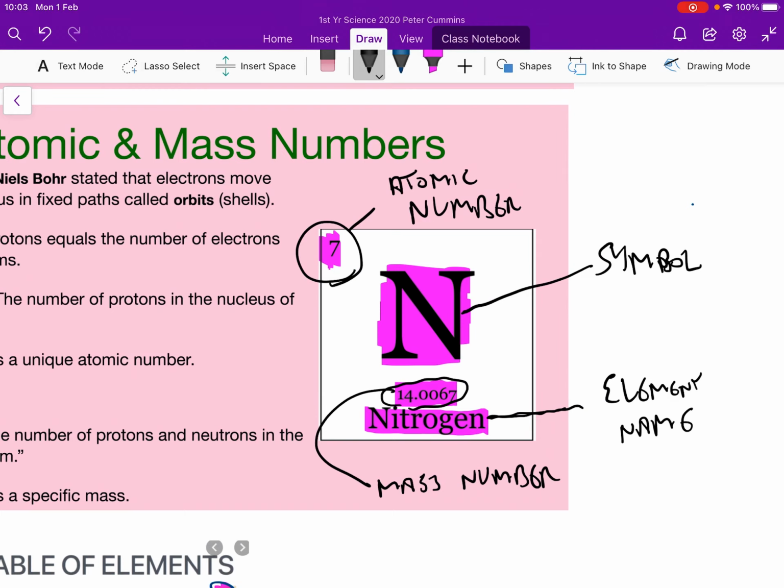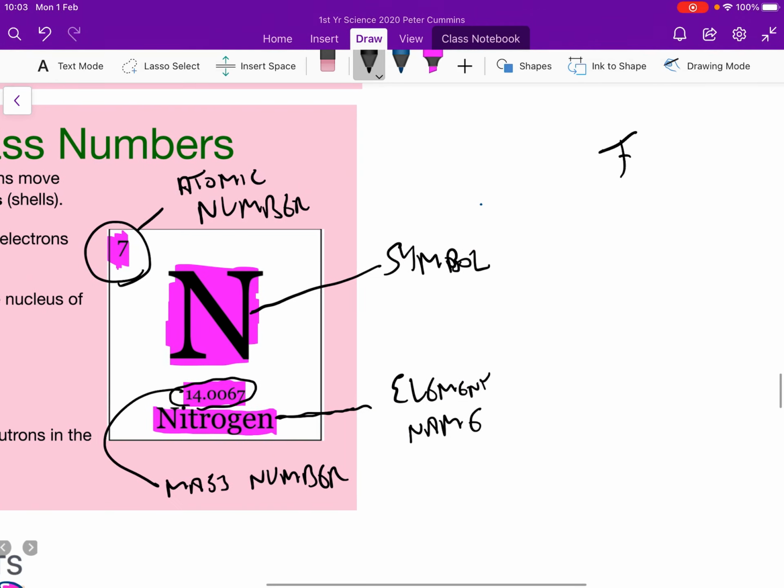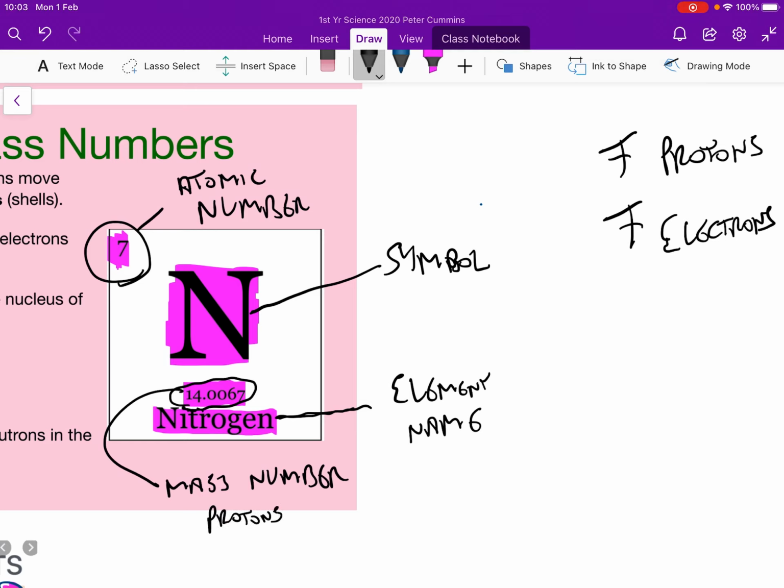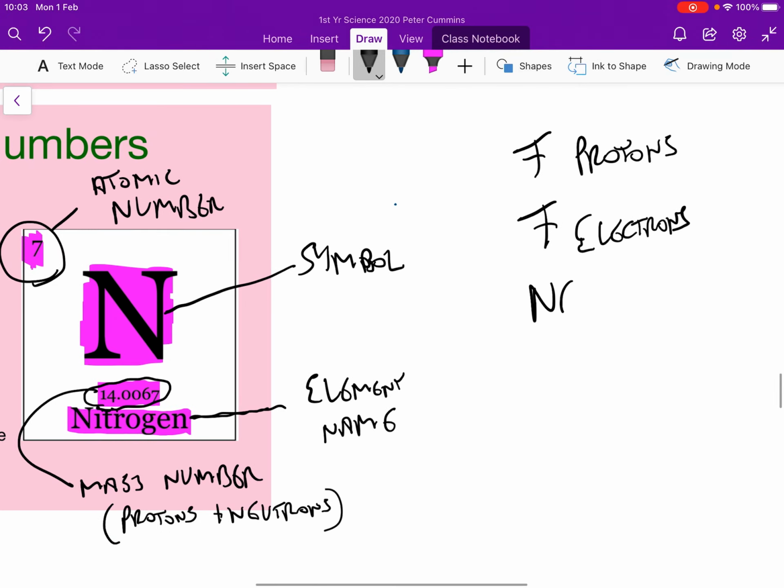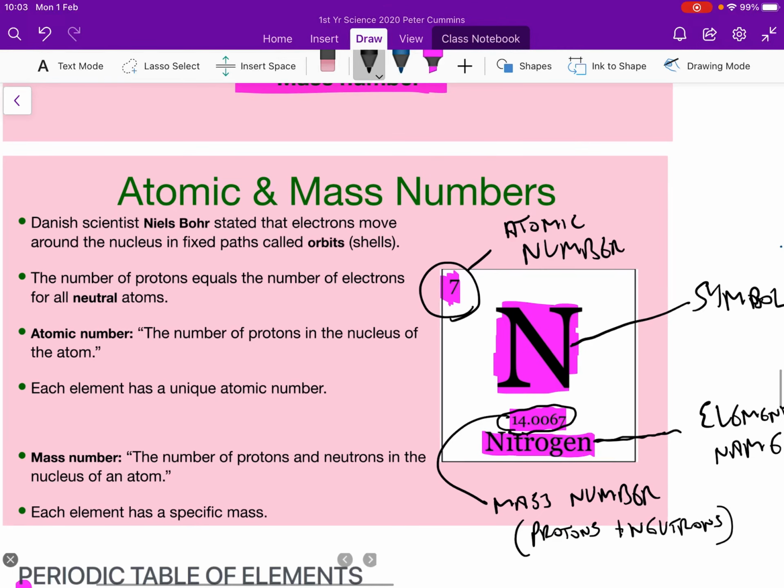If the atomic number of this one is 7, that means it's going to have 7 protons and 7 electrons. So that small number tells me how many protons and how many electrons it has. It's a bit of a calculation to figure out the mass number, because remember, the mass number is protons plus neutrons. I'll show you how to work out how many neutrons there are in a second, so I'll leave that as a question mark for a moment.